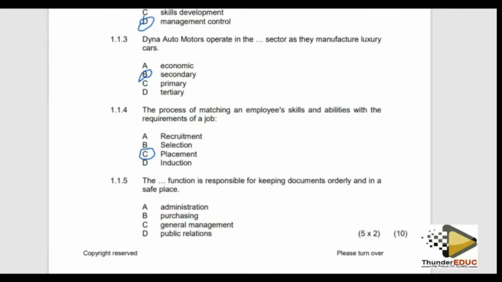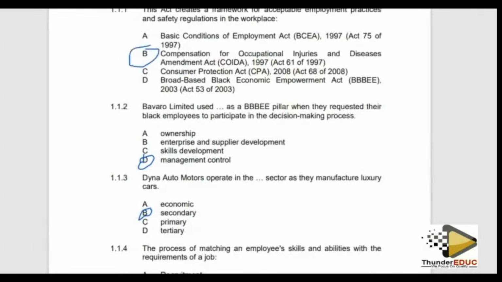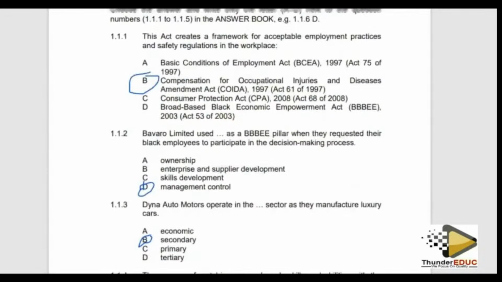So now in this regard, the appropriate answer for 1.1.5 is going to be A, which is administration.